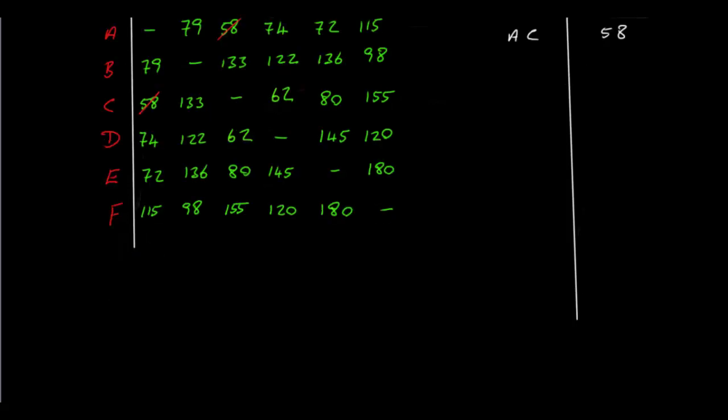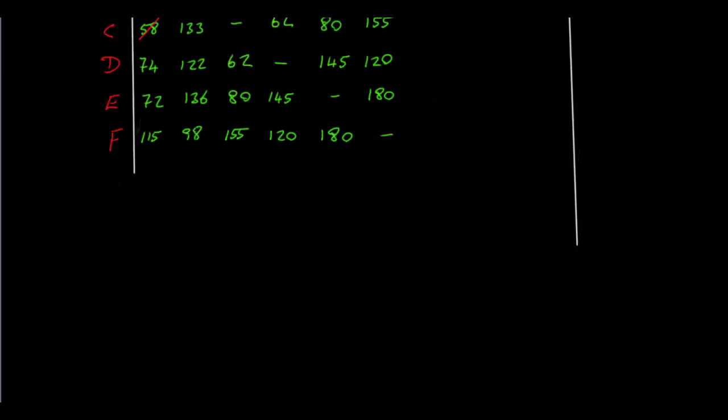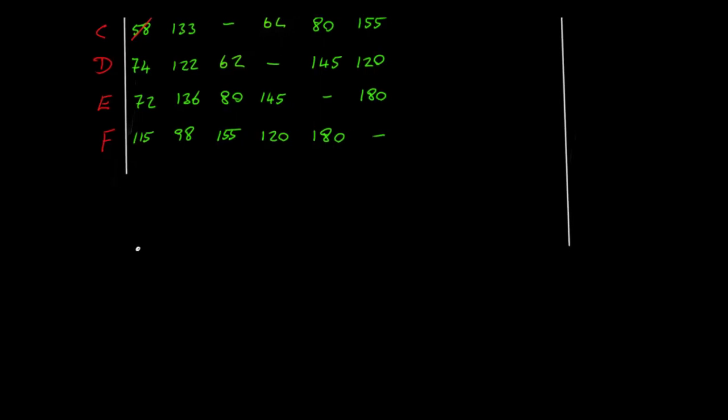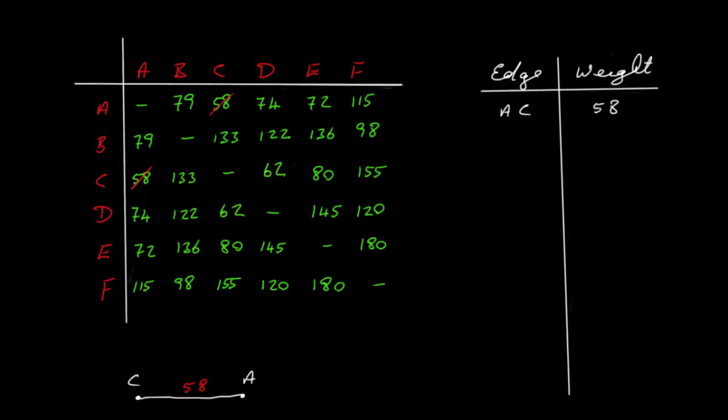So let's start drawing this as we go along. So it's from C to A. So let's take C here and A here. And that has a distance, let's say, or a weight anyway, of 58. So that's our first edge. Okay, let's have a look at the next one then. The next one is actually going to be 62.